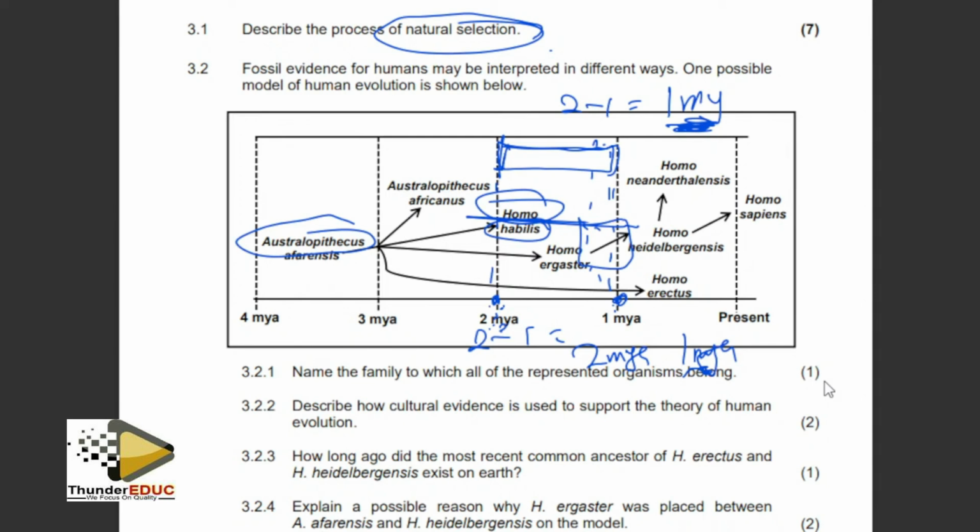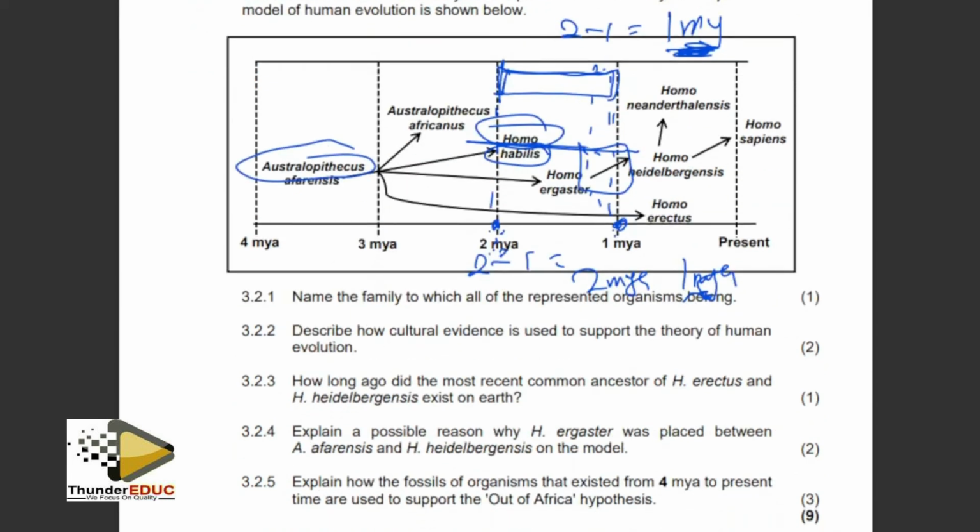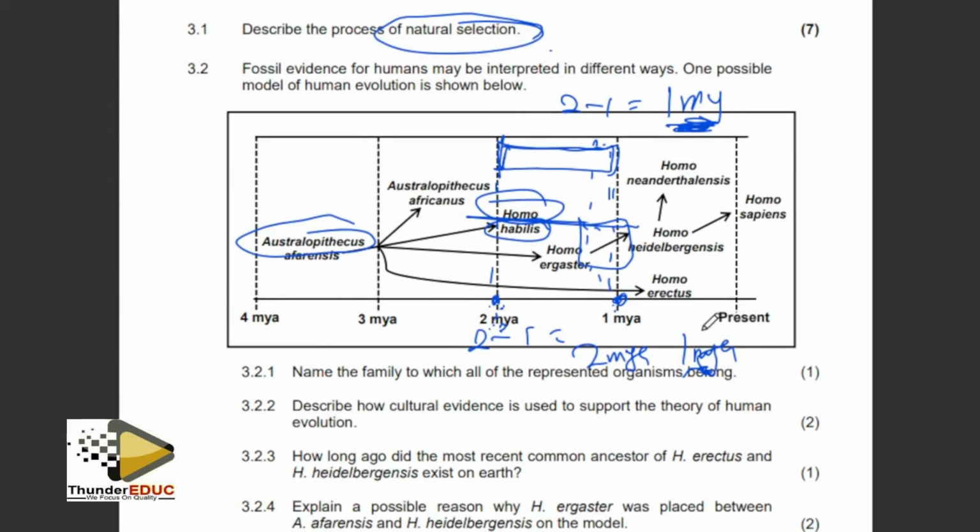Then they are saying, explain the possible reason why Homo ergaster was placed between Australopithecus afarensis and the Homo. It means that this is a transitional fossil, meaning that it has characteristics of this organism and also characteristics of that one.